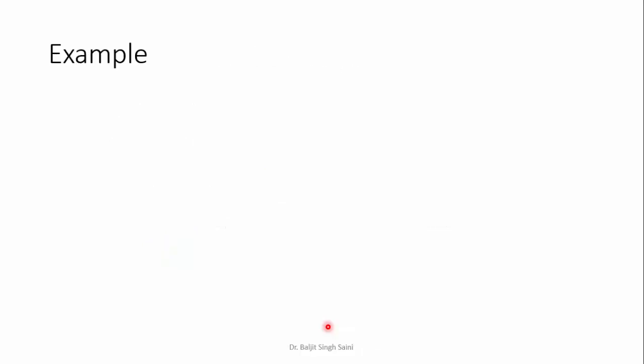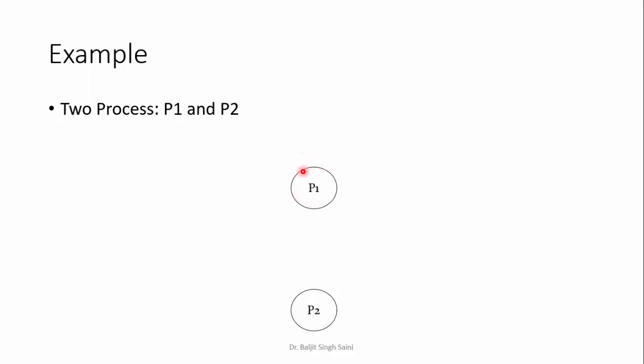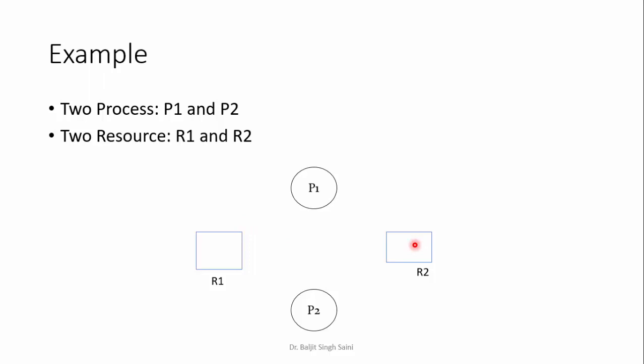So I'll give you a small example of how the resource allocation graph might look, or what the elements are. There are two processes, P1 and P2. We represent the processes with circles. Two resources, R1 and R2. The resources are represented with rectangles. The instances are represented with dots.